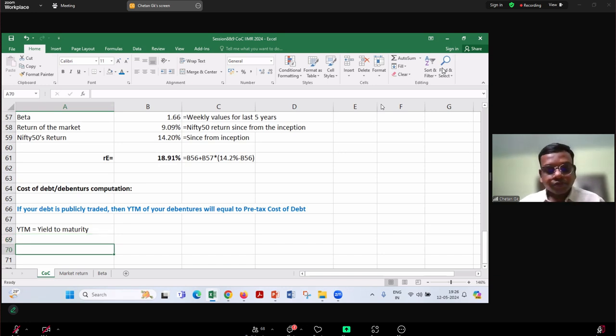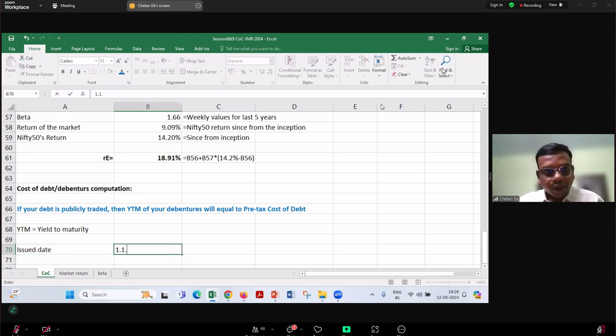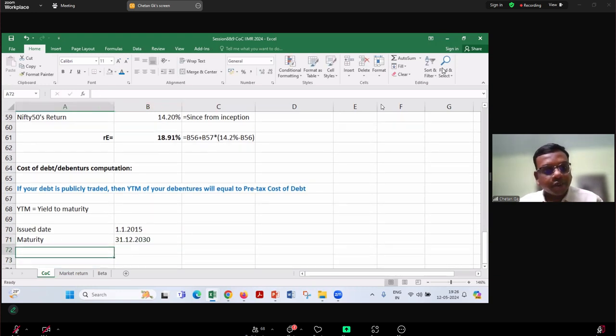Okay. So yield to maturity, quickly I'll compute. When these debentures were issued, first of all, I'm just making some assumptions here. The maturity is 31st/12/2030, a 15 years bond, the debentures the company has issued.